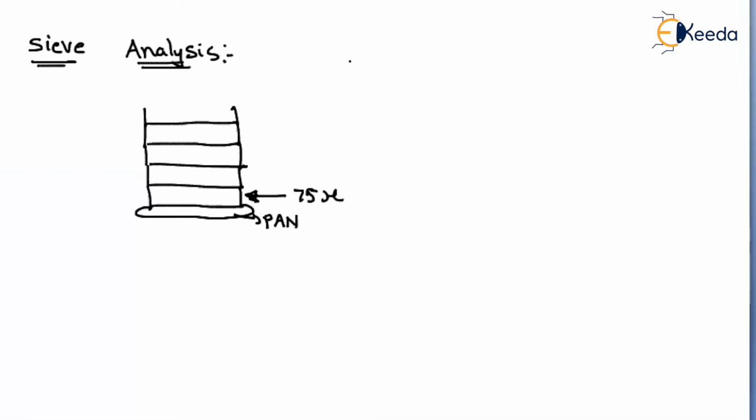So let us take the weight of the soil. Let us say we are considering W weight of soil, placed on top of the sieve analysis. The topmost sieve will have the size of 4.75 mm, and gradually the size will decrease, and the last size will be 75 micron: 4.75, 2.36 mm, like that.